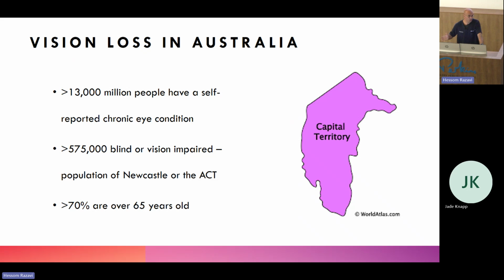So think of the population of, let's say, the ACT or the city of Newcastle. It's a substantial number. And the majority of those are older, so 70 years or older. Sorry, 65 or older. So it's a disease of the elderly. A lot of it is due to degenerative conditions, and it's common. So you'll be seeing it.